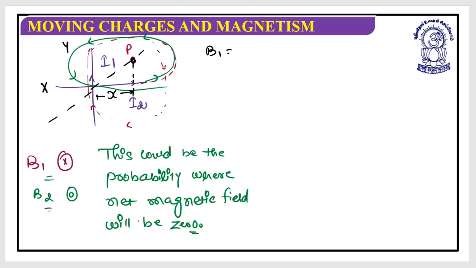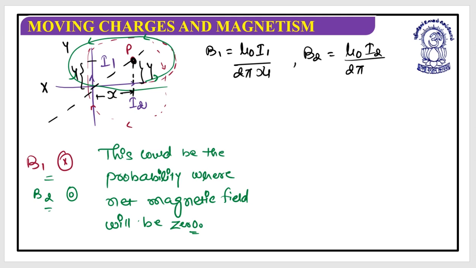So B1 could be mu naught I1 upon 2 pi x1. Same way, this is the point where this location is Y, so from this wire this is a distance Y. B2 is equal to mu naught I2 divided by 2 pi y1. As B net should be equal to 0, B1 minus B2 should be equal to 0.